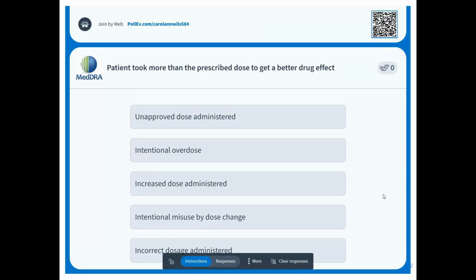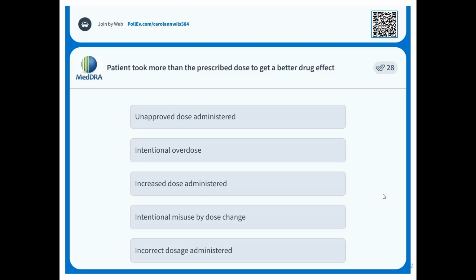So how would you approach this one now? Patient took more than the prescribed dose to get a better drug effect. Which LLT would you select? Unapproved dose administered, intentional overdose, increased dose administered, intentional misuse by dose change, or incorrect dosage administered.